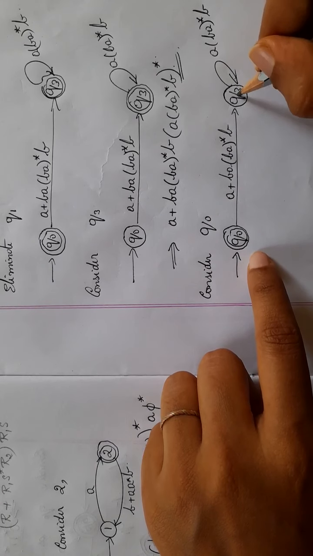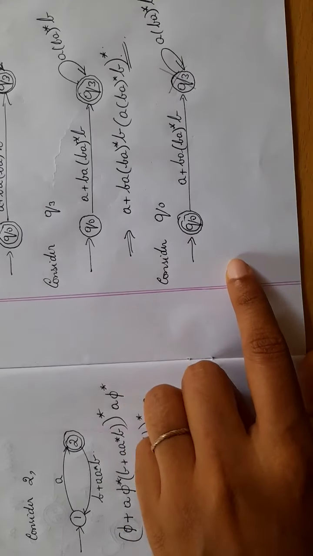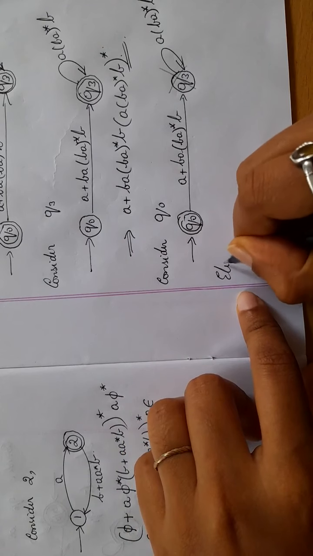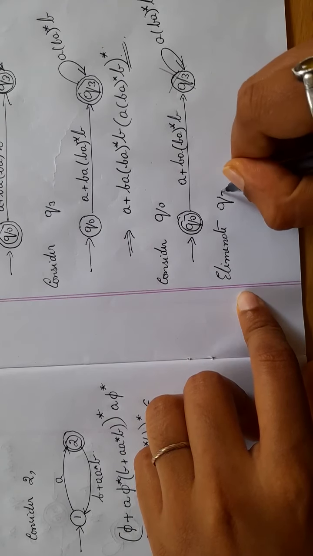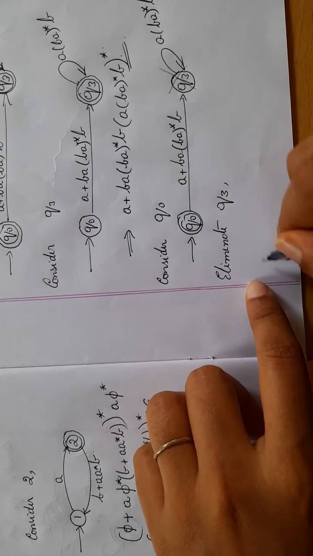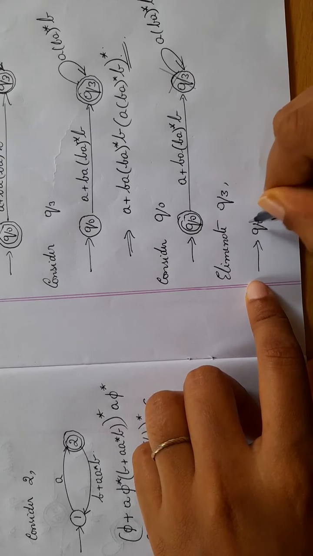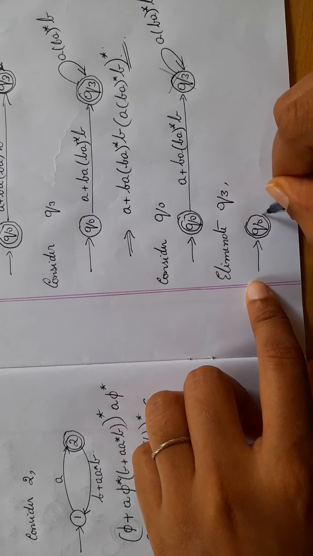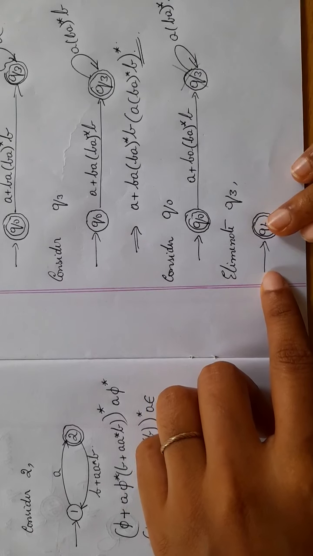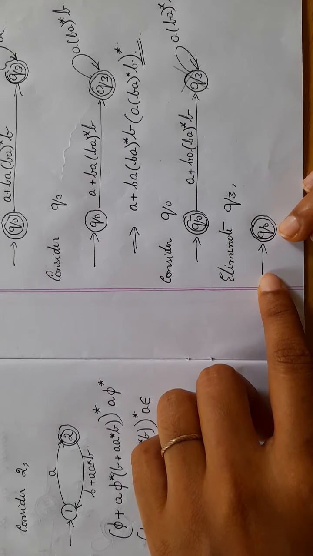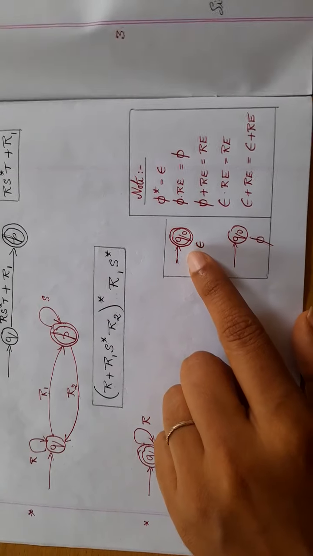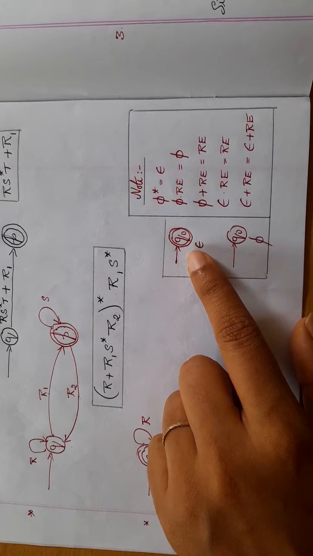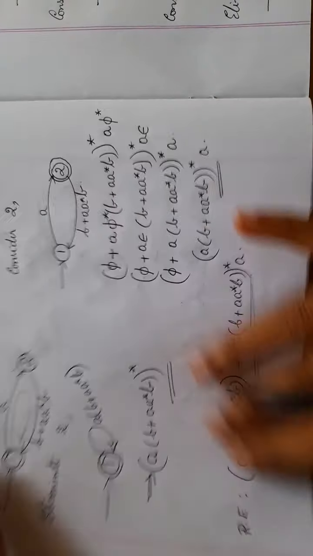So this becomes a trap state. Eliminate Q3. So when I eliminate Q3, I am left out only with Q0. So when you have only Q0, what will be the regular expression? When you have only Q0, the regular expression is just epsilon.